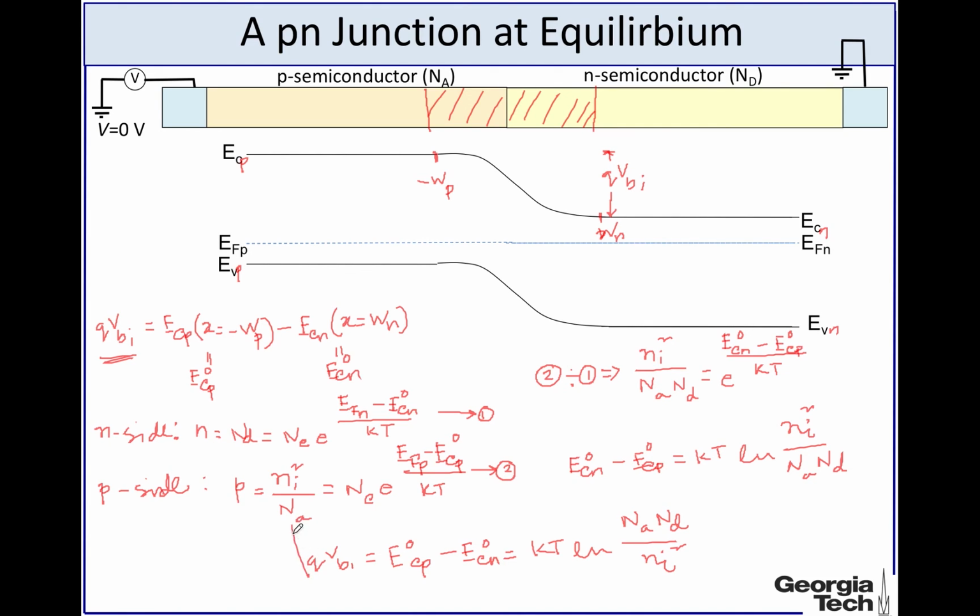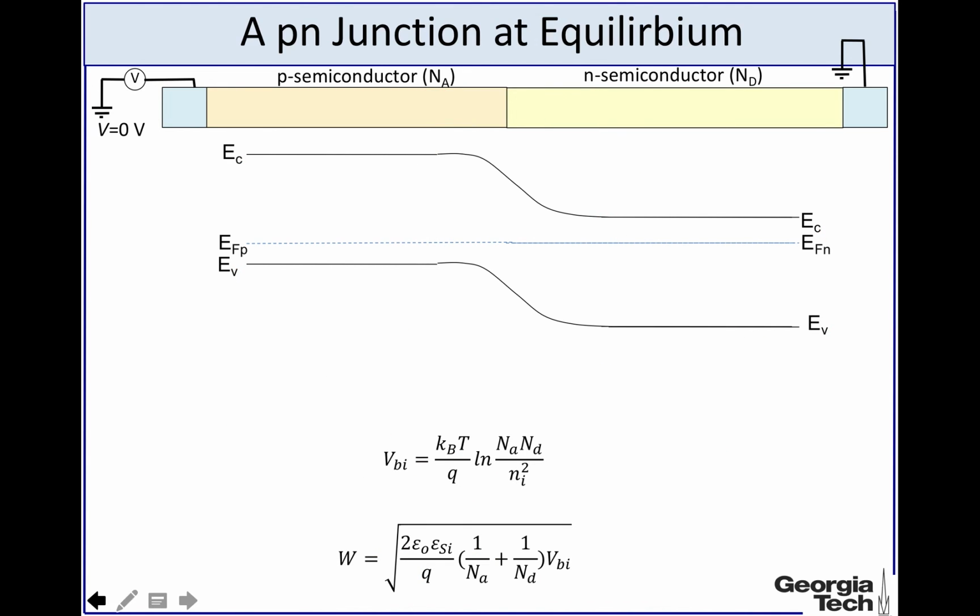So what we have seen is that the built-in potential is determined by the doping densities on the two sides of the p-n junction. All right. So finally, this is what we have gotten. The built-in potential, the value of the barrier, is given by the doping densities on the two sides of the p-n junction, and this VBI determines the width of the depletion region.